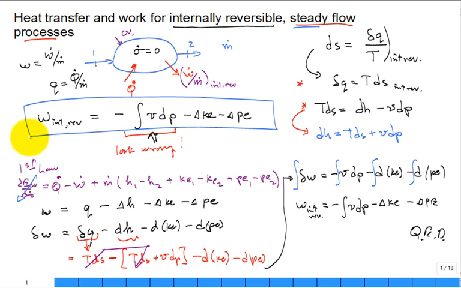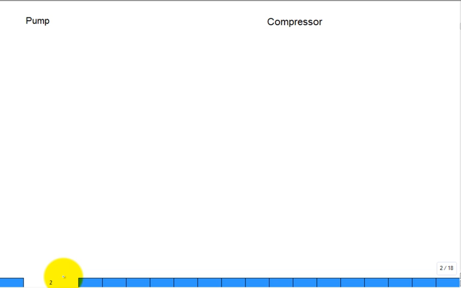Let's now go ahead and talk about applying that equation to two things. One is a pump and one is a compressor. So here's a symbol for a pump. The fluid comes in at state 1, goes out at state 2. It's typical that for a pump, what is the Q dot for a pump? 0.